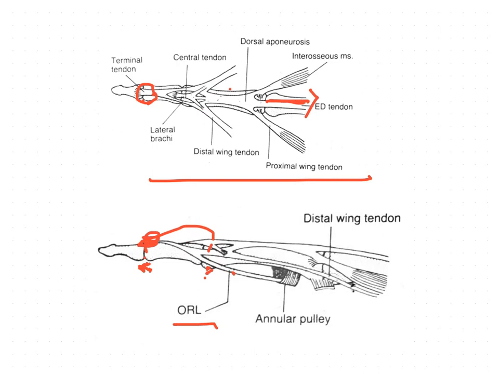The terminal tendon and the lateral bands. So once this is going to flex like this, the structures here are going to be stretched. So once it is stretched, what happens? The stretch on the lateral bands pulls the extensor hood distally.